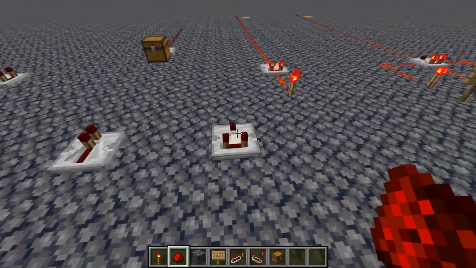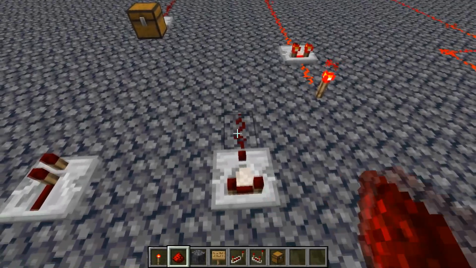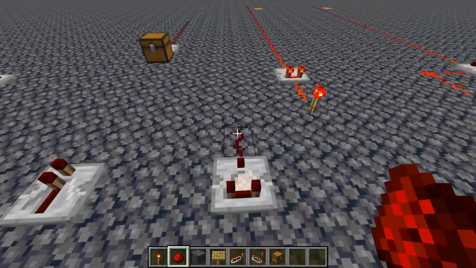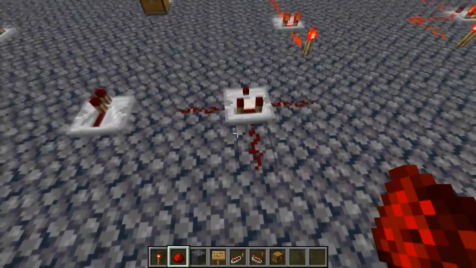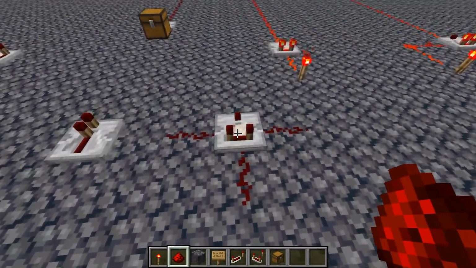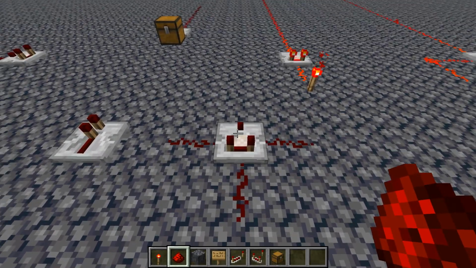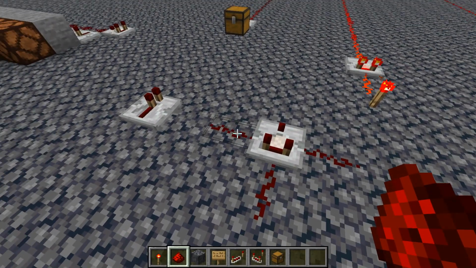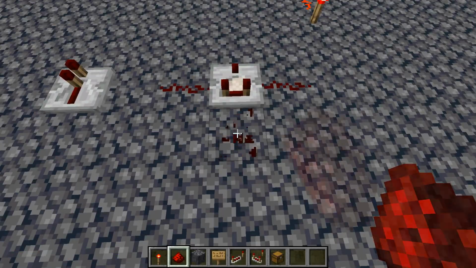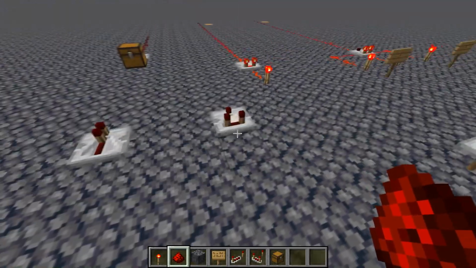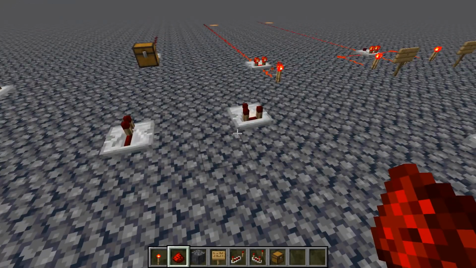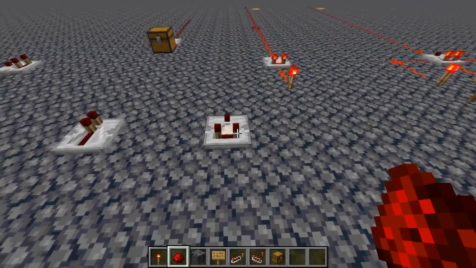With a comparator, you have output going out of the front, but you can also have input on three sides: left, right, and back. Bear that in mind because that's going to become important later on in the video.